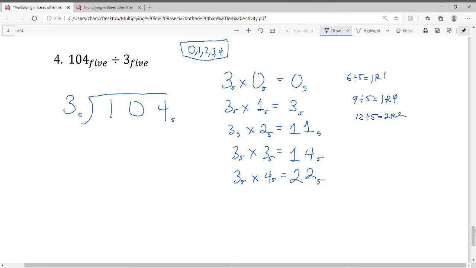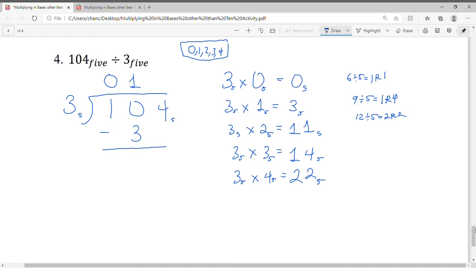Now we could do the long division. 3 times what gives you close to 1? Well, the closest I can get is 0. 3 times what gives you very close to 10 in base 5? Well, the closest I can get is 3 times 1. So we'll put a 1 here. Then we'll multiply. 1 times 3 is 3. Now we'll subtract.